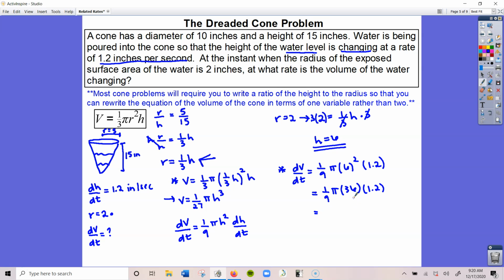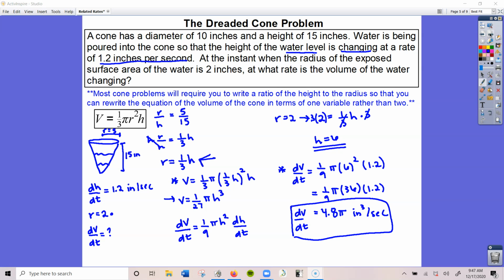I had already multiplied everything with the calculator. 1/9 times 36 times 1.2 is 4.8 pi. And because this is dV/dt, this is inches cubed per second. So the volume of my cone is increasing at a rate of 4.8 pi inches cubed per second.